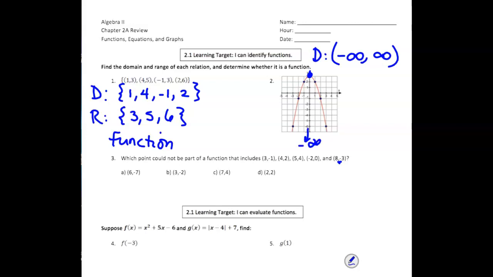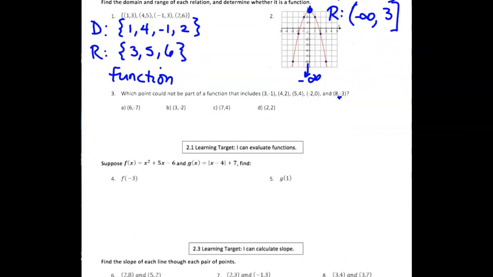We always start with the smallest and go up to the biggest. So we're going to start and say we can start at negative infinity and we can go up until we hit 3. Can we actually be at 3? So what kind of bracket do we use? The squared off ones. Okay?